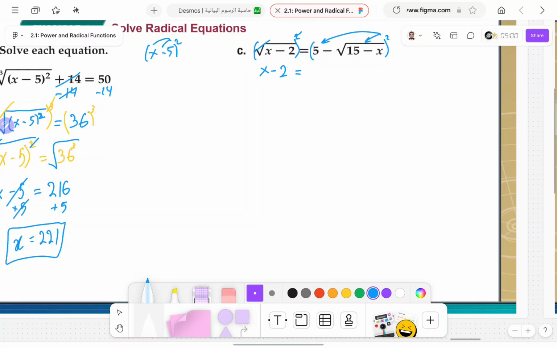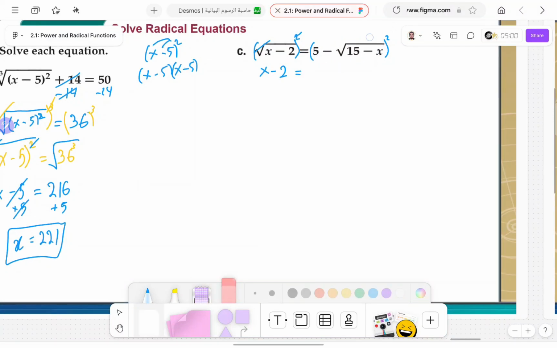You are not distributing the 2, you are repeating this bracket twice. This bracket is repeated twice, so you have to repeat the bracket twice, not distribute the power. So now it is (5 minus square root of 15 minus x) times (5 minus square root of 15 minus x).